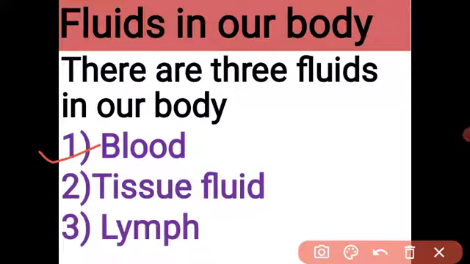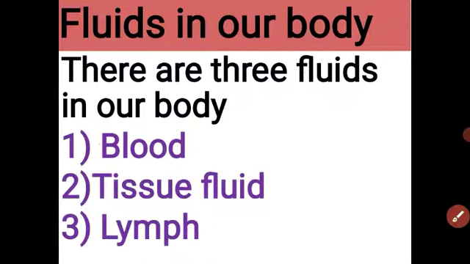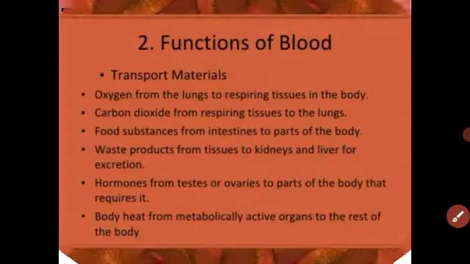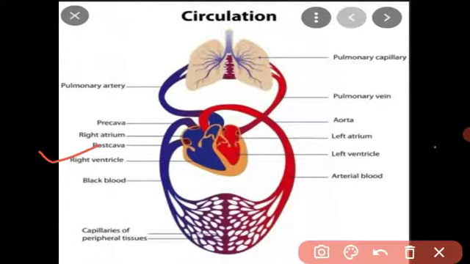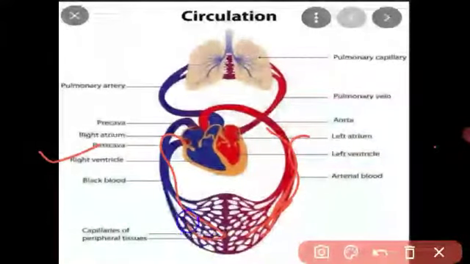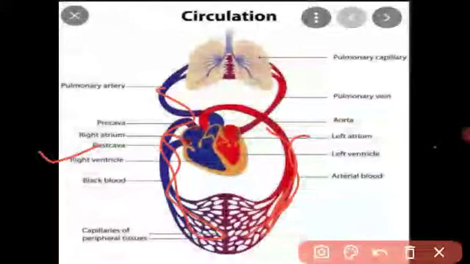Blood color is red. In your diagram, in your textbook, when the blood is present in the vein, it is blue color, and when the blood is present in the artery, it is red color. But student, it is only given for your identification. Look at this diagram. These are the arteries. The blood is red, and these are veins. The blood is blue, but it is not real, student.